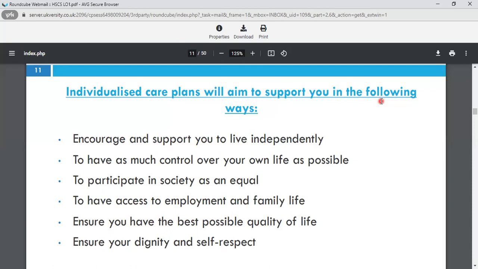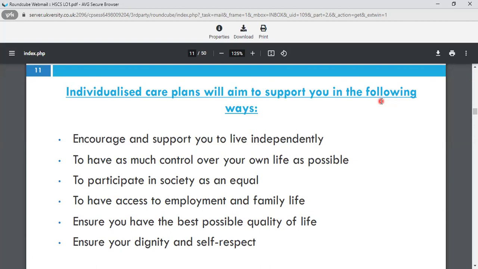And then to participate, to have as much control over your own personal life as possible, and to participate in society as an equal. So you have individualized plans and you're participating, you're working, your work is not being affected, whatever role you have in society, that's considered equal compared to all the others who do not have these care plans or do not require specialized care.